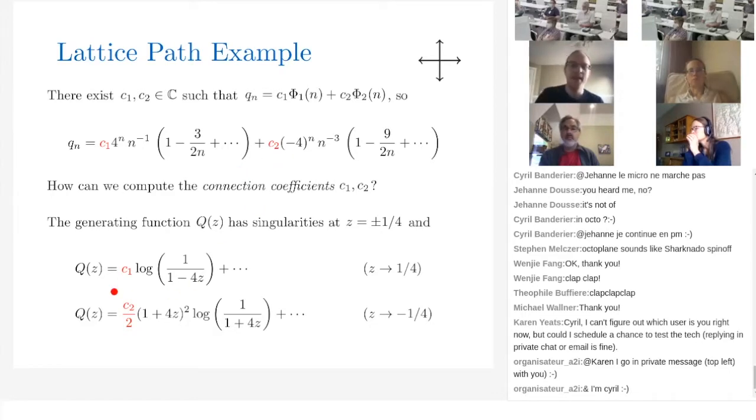And if you take an expansion near these points in a suitable region, then near 1/4, you'll have a series expansion whose first term, so the most impactful term, is basically this constant C1 times a logarithm plus something else. And near z equal to -1/4, you'll get another expansion whose leading constant is this C2 divided by 2. So if we can recover these expansions of our generating function, then we can recover these coefficients and we can say strong statements about the asymptotic behavior.